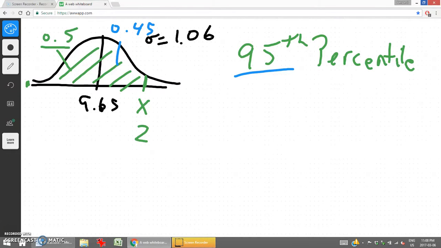So we know that the area is 0.45, and we only need that area because the charts we're using in class always work from the middle to that Z value.